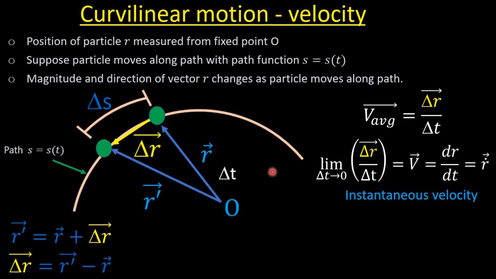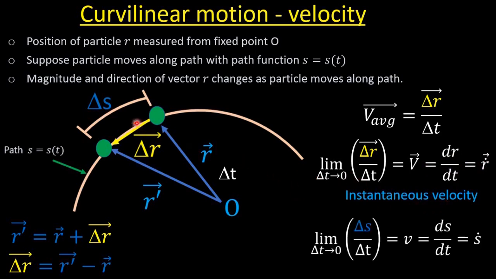The other way we could find velocity is if we take delta s and delta t, and then take the limit as delta t approaches 0, we get small v. Small v is going to be a scalar quantity because remember delta s was a scalar, and that would give us ds by dt, which equals s dot.